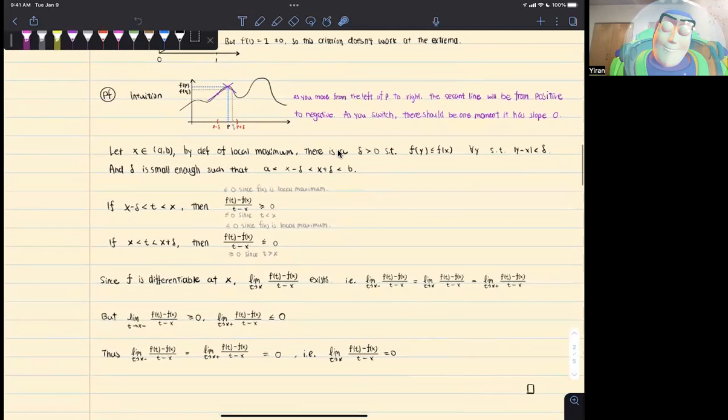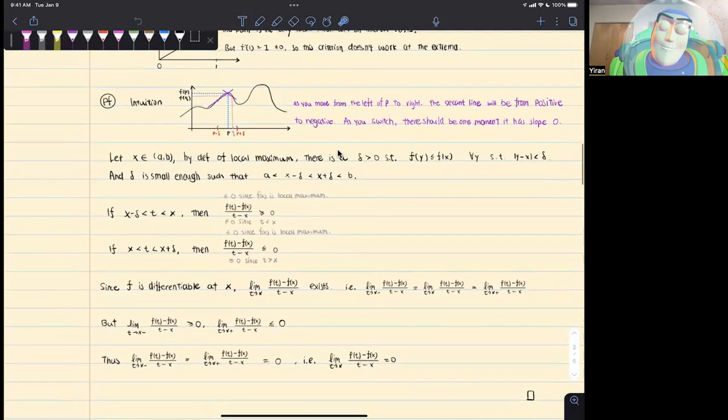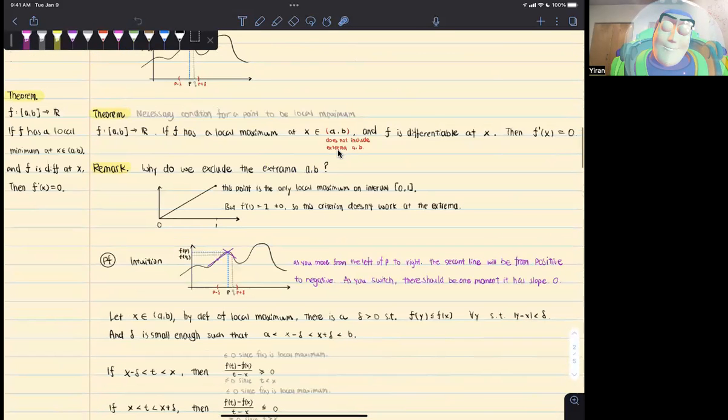And rigorously, let x be a point in (a, b). By the definition of local maximum, recall the definition, there exists a neighborhood, there exists a delta, such that f(y) is smaller or equal to f(x), because we let x be the local maximum, as f has a local maximum at x.